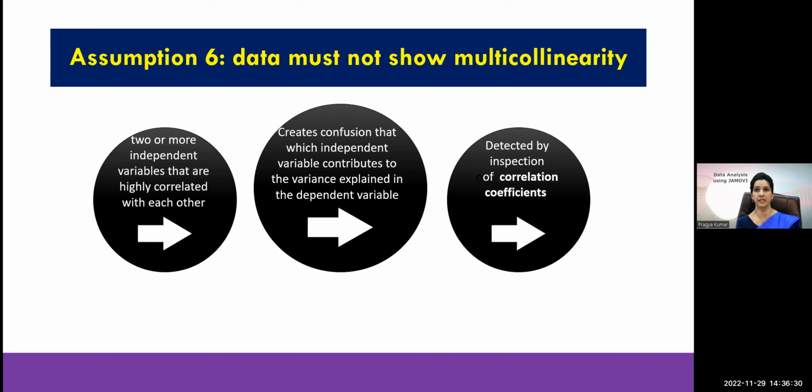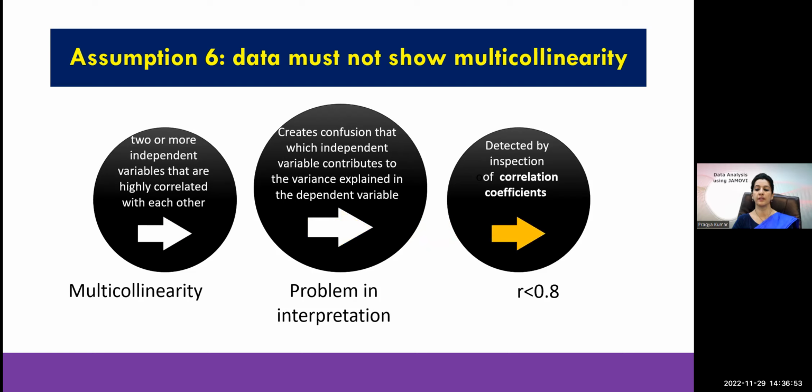In this case, there is only one multicollinearity statistic in Jamovi, that is the correlation coefficient. There are also VIF and tolerance values. If there is multicollinearity, then there is a problem in interpretation.